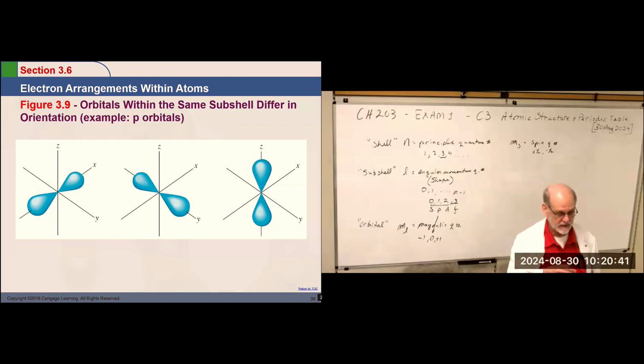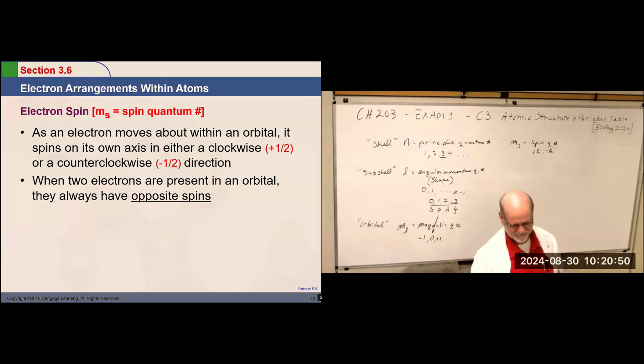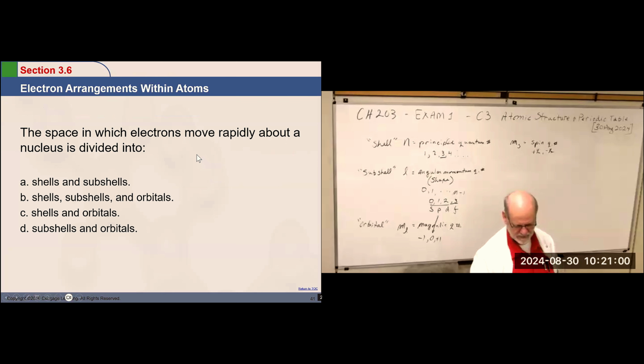And each one of those can hold 2 electrons. Each one of those orbitals. Okay, I've talked about that already. So the space in which electrons move rapidly about a nucleus is divided into shells, subshells, and orbitals right there.